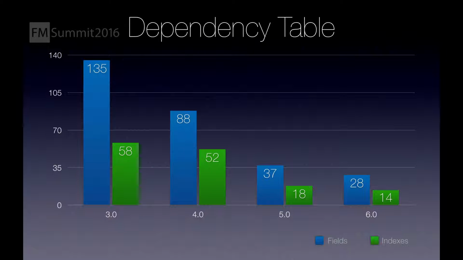Let's say I have a field that is referenced by a script step; that goes as a record in the dependency table. So 80% of the activity goes on in the dependency table. Anything that we can do to make the dependency table faster at importing data is a direct win in performance.